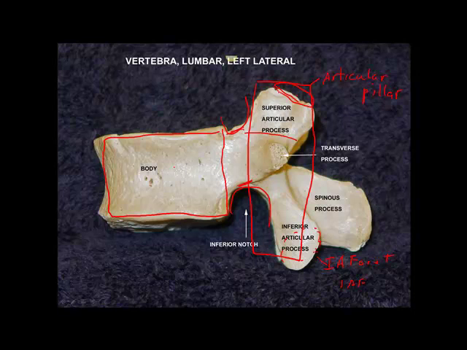And up here will be the superior articular facet. And a facet is a smooth spot to make a joint. So on the lumbar vertebrae, the spinous processes are boxy. Remember, on the thoracic, they're sharply downward and they look more like a knife.